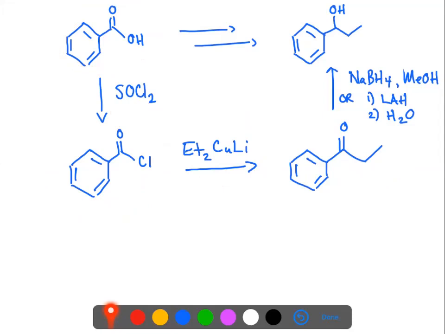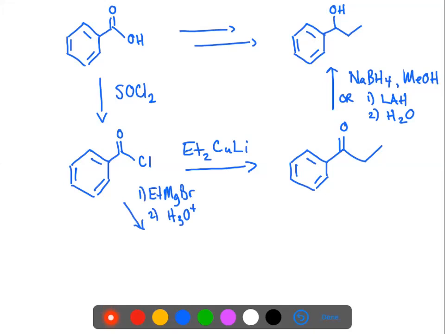As we've mentioned in the past, it's a more selective alkylating agent than using a Grignard or organolithium. And just to highlight that point, if we were to have tried to carry out the same strategy using ethyl magnesium bromide, which would have been plausible, at least as a first step, the end result, unfortunately, would not be this particular ketone.